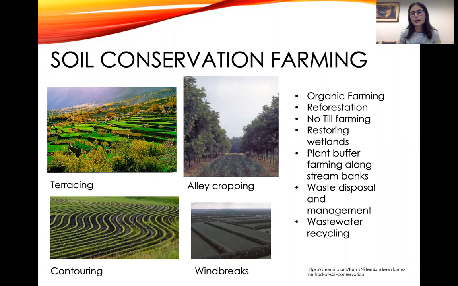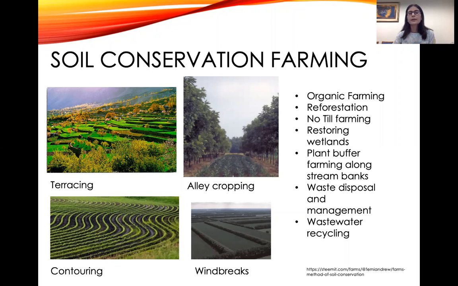It creates a way for the water to stay longer in the environment that it's passing through. So contouring plays with the same idea to make sure that more and more water percolates into the ground, to reach the roots of the soil.